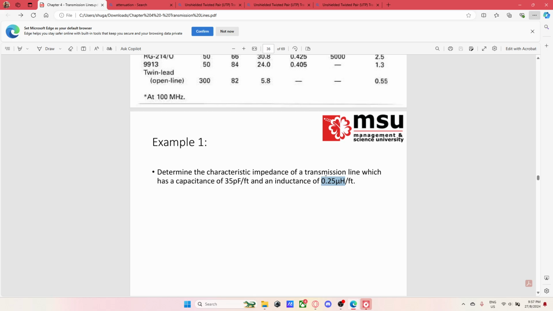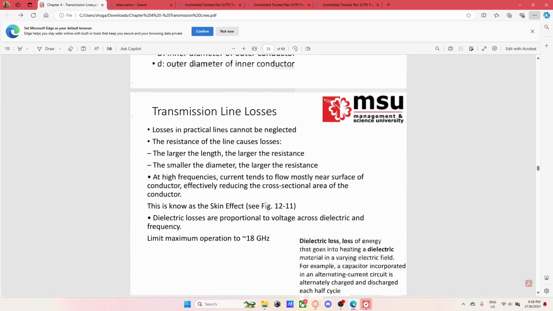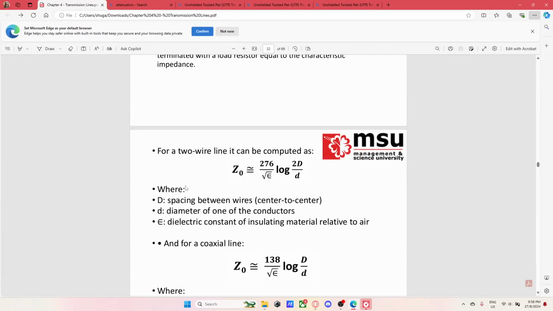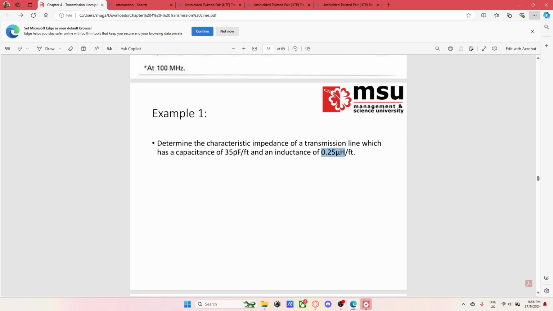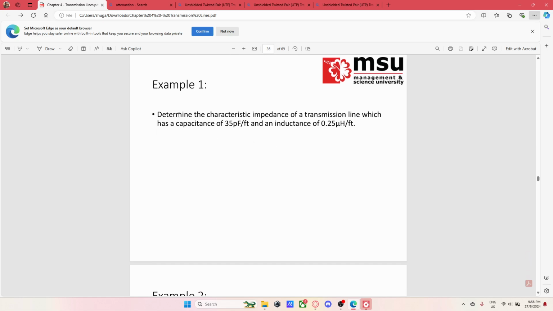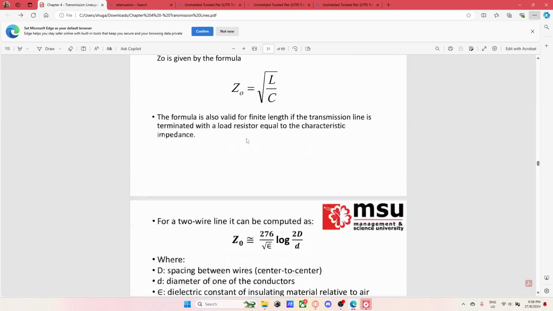When you see micro, it is times 10 to the power of -6, while the capacitance C is 35 pico. Pico is times 10 to the power of -12. Substitute those two values and you will get a value for the impedance. Try it yourself on a piece of paper and see how you can get the answer for example 1 using this equation.